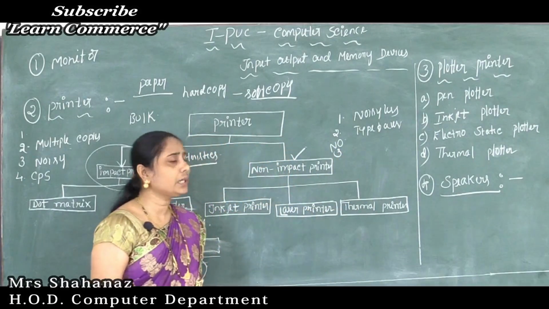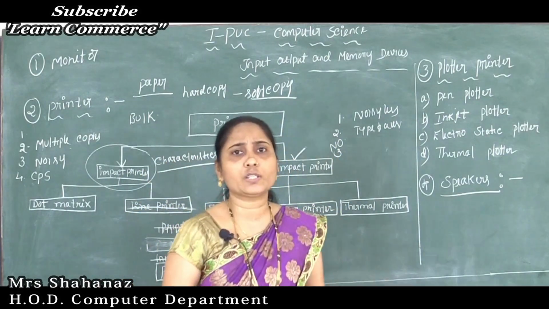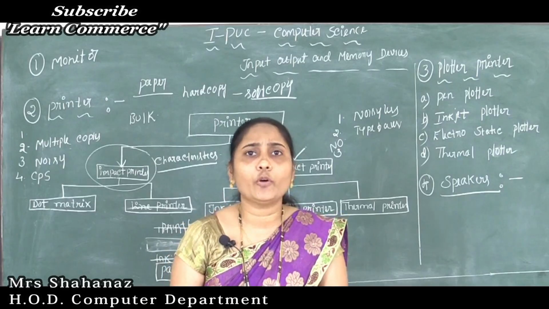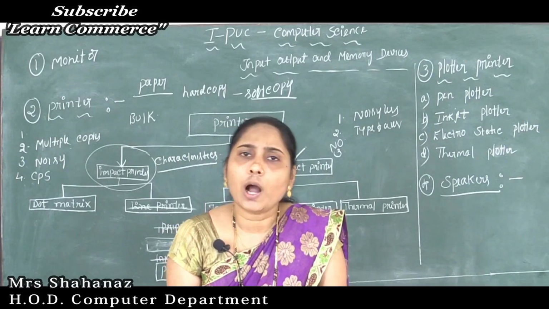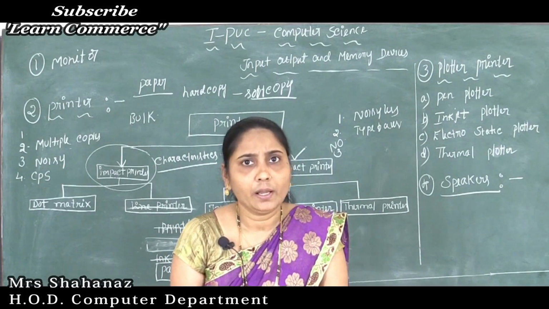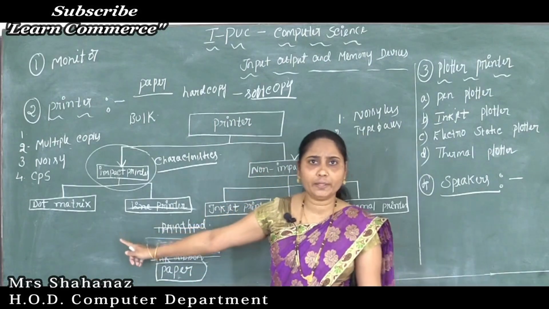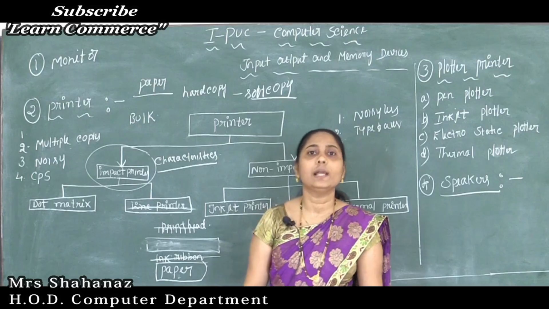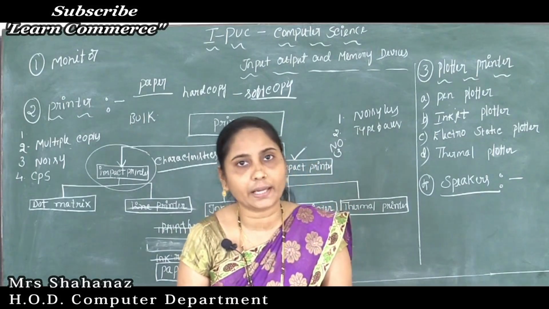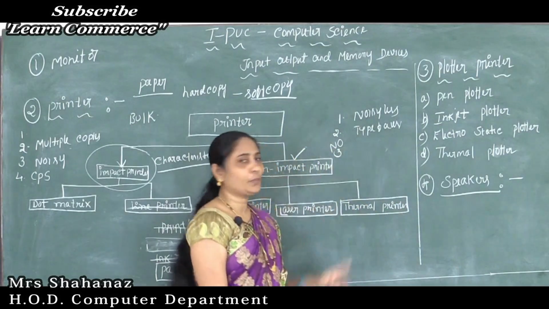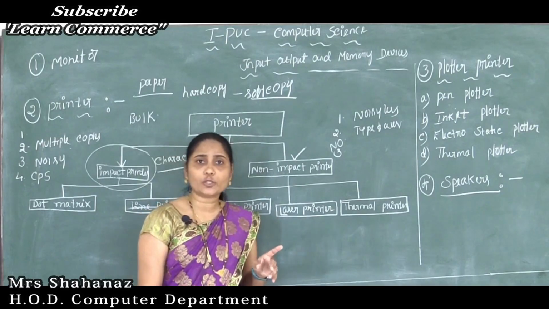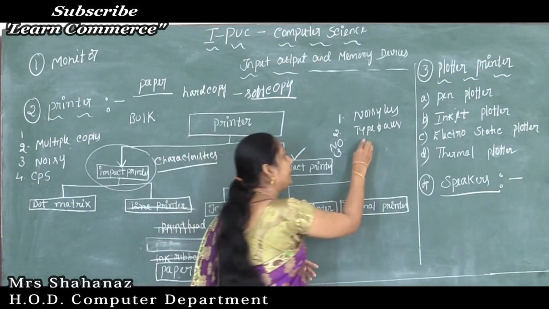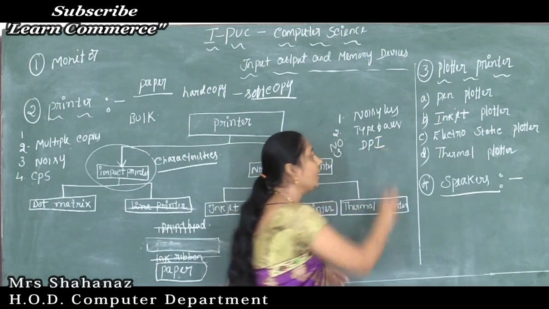And the third point we can say about this one: now maybe I want to measure the speed. So how am I going to measure the speed? We know that for the impact printer, the speed is measured using CPS, characters per second. Now for the non-impact printer, it is measured in DPI. Clear this point here?